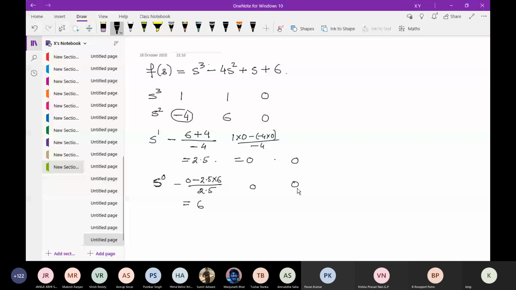So how many sign changes do we have? One sign change from here to here, another sign change from here to here. So if you have two sign changes, that means we are going to have two roots in the right side of the Argand plane or the complex plane.